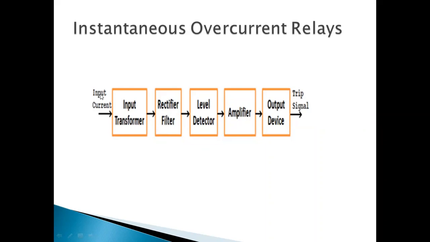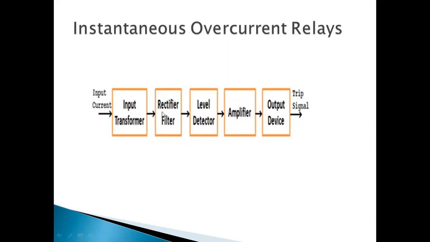So first the input current is given to the input transformer, then to the rectifier to convert into DC, then the harmonics are filtered, which means you will get the pure wave. Then it is given to the level detector.